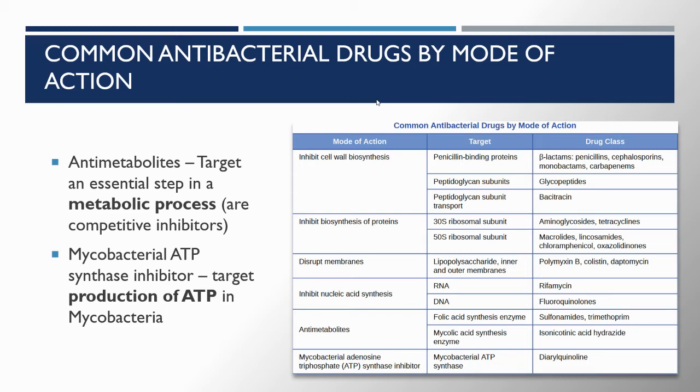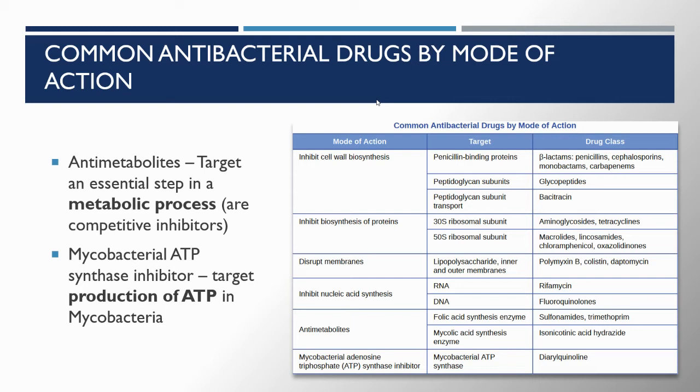Antimetabolites are antibiotics that target some part of the metabolic process by stopping the activity of the enzyme. So the rest of the process happened: the DNA was transcribed to RNA, the RNA went to the protein, the enzyme was built.